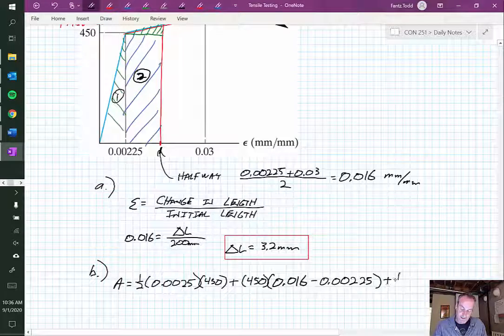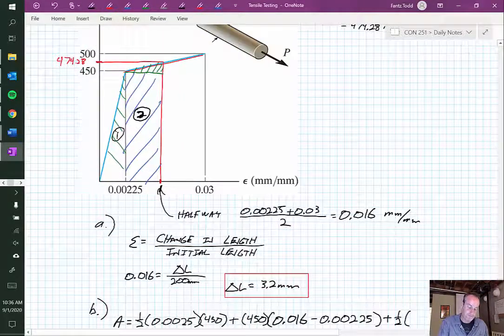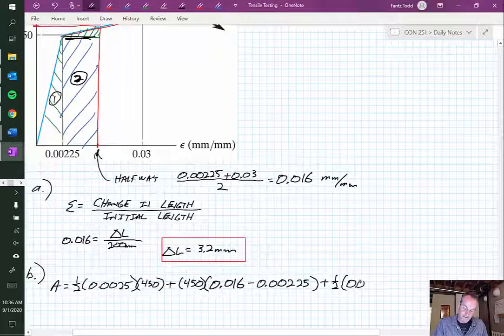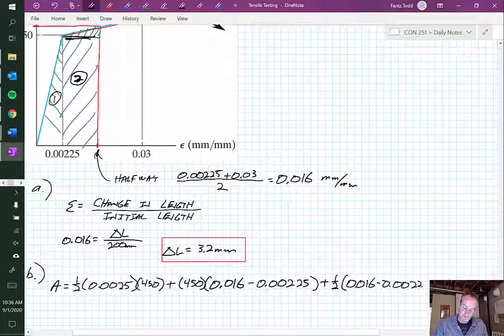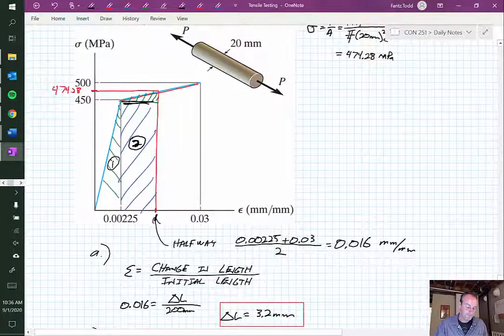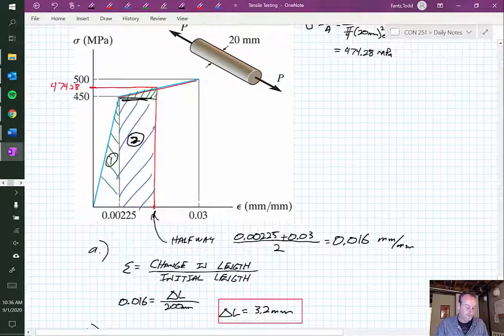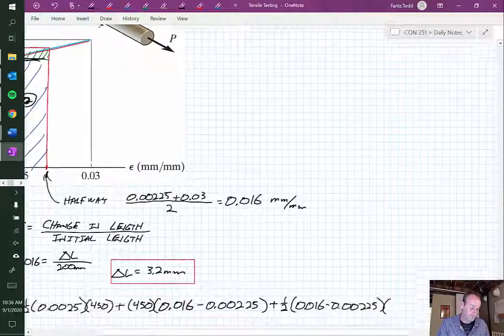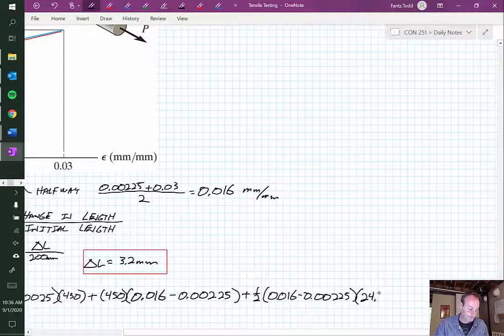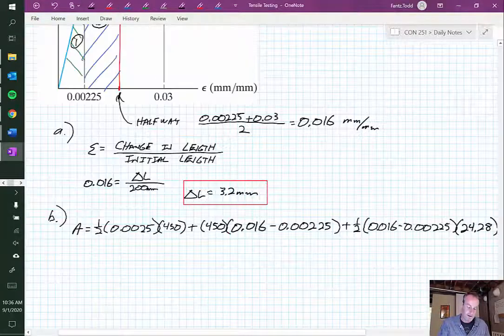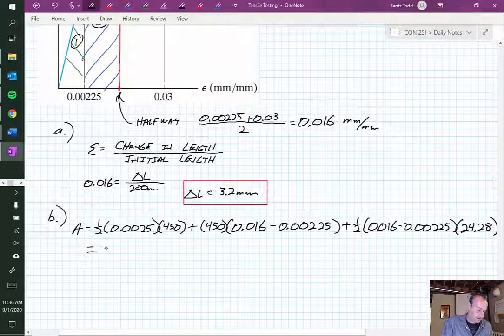And last but not least, the third triangle, 1/2, its base is that same 0.016 minus 0.00225. And then the height of that one would be the 474.28 minus 450, which is 24.28.